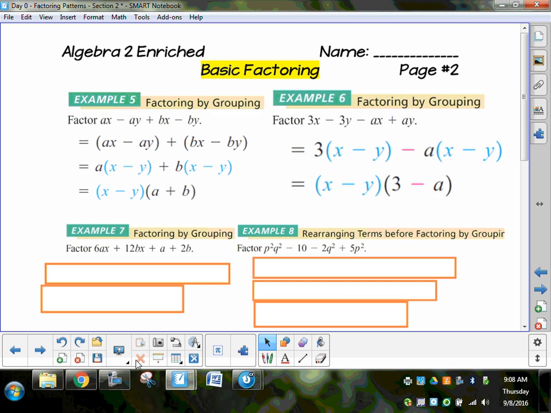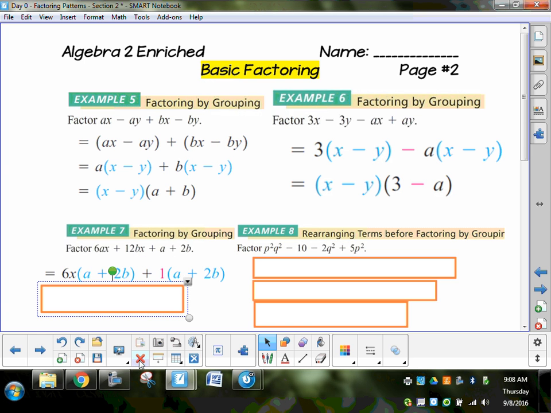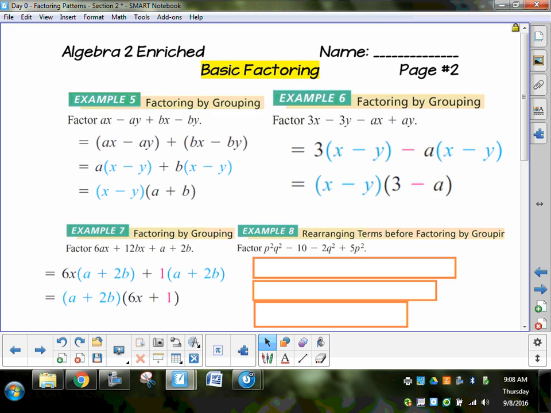Go through and do 7 right now, please. You should be able to see the first one, the GCF is a 6x.